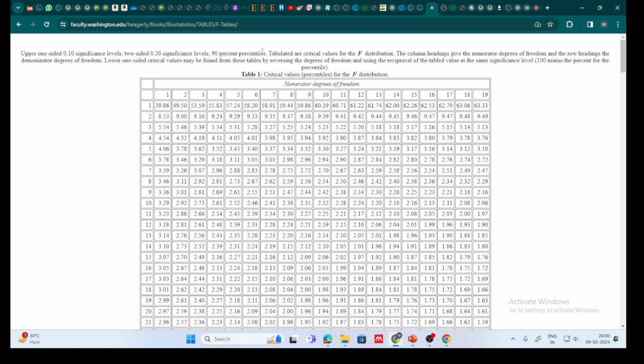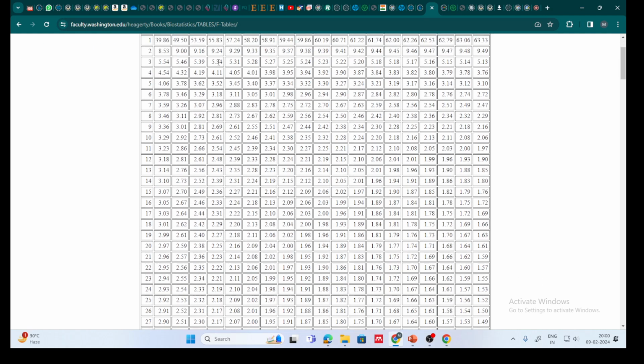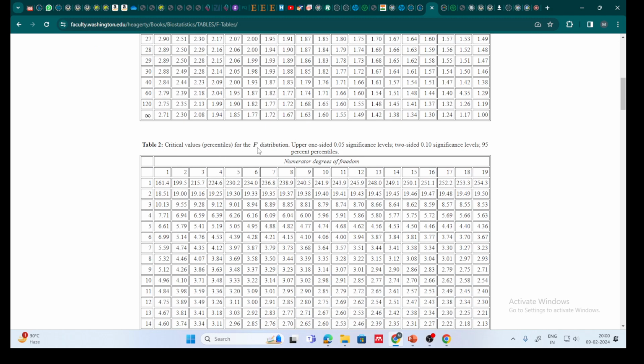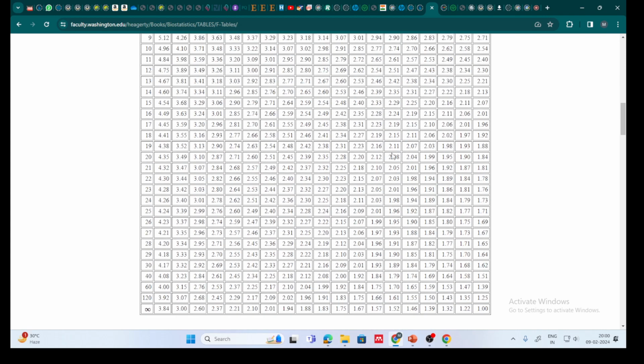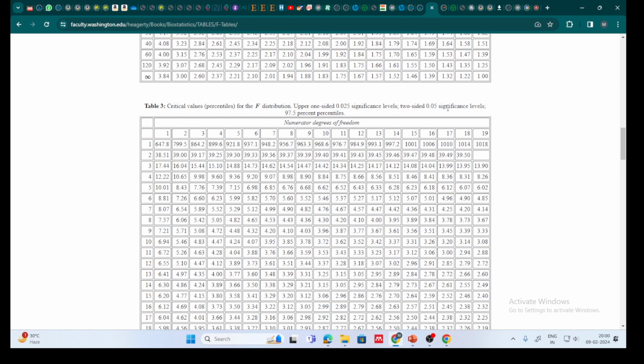0.2, so means 90 percentile. Okay, means 10% level of significance. Here it's like a 5% level of significance. So means two sided is again still 10, but the third one is this one, 5% significance level.